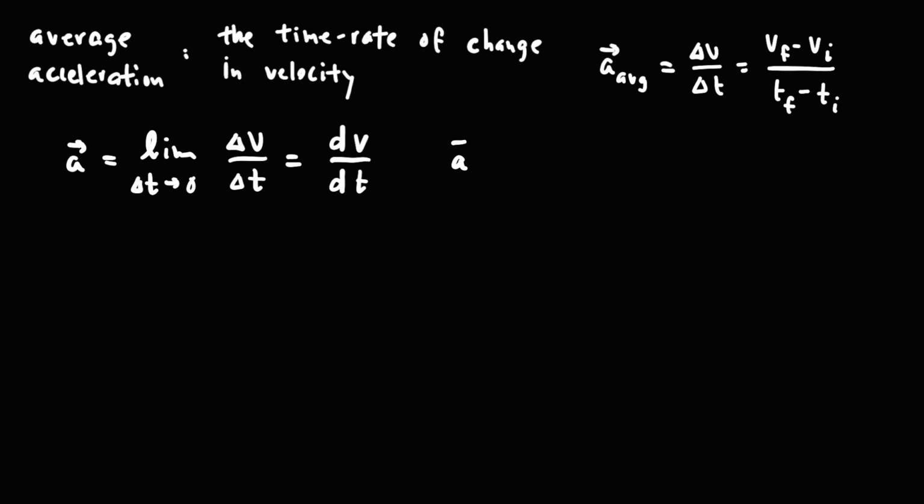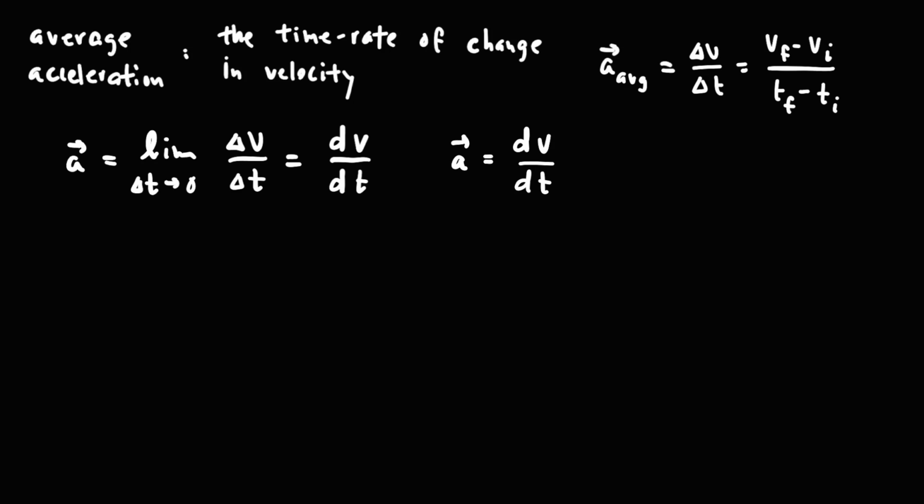So acceleration is dv/dt. If you know an equation for the velocity as a function of time, and you take the derivative of that function, that new function that you get will be an expression for the acceleration as a function of time.